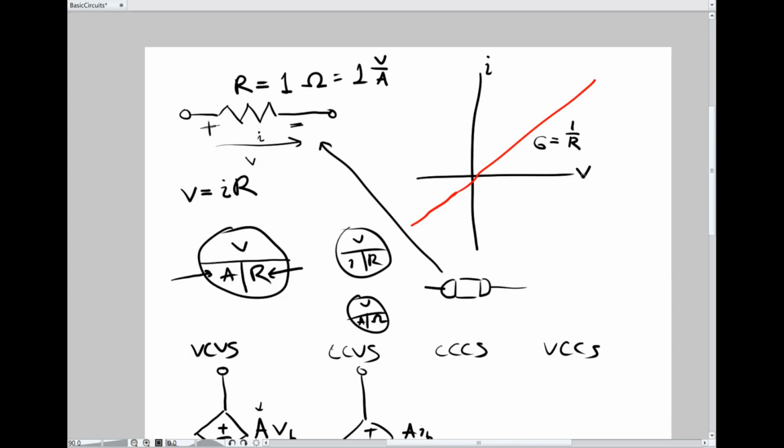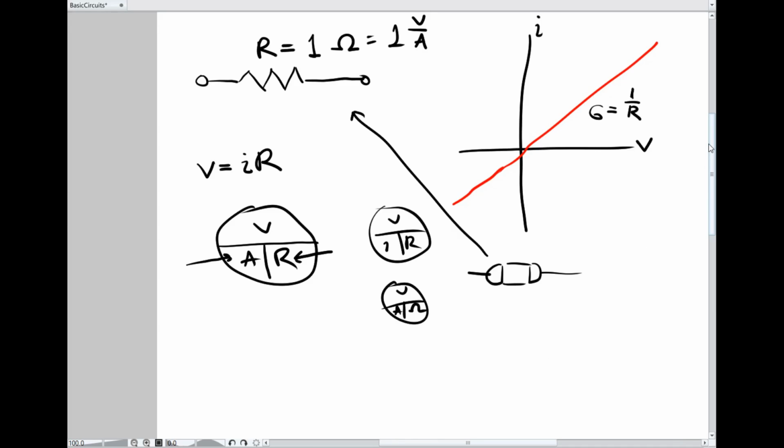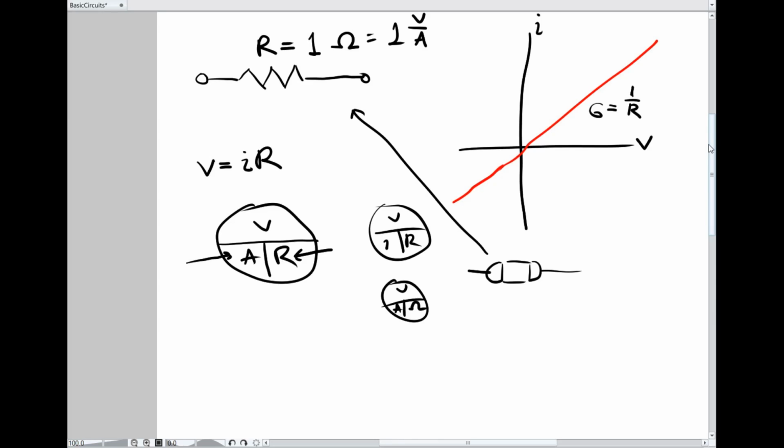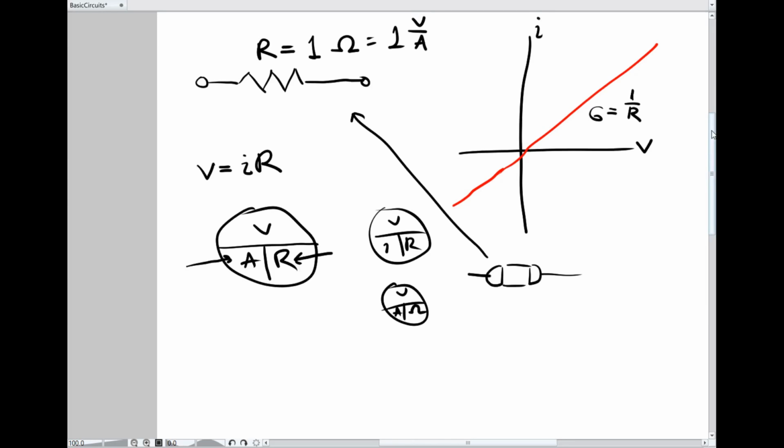So if I have a 1 ohm resistor, and this is 2 volts, I'm going to have 2 amps of current going this way from the plus to the minus. And this is related to the concept of passive convention, which I'm going to mention later. I've already mentioned this now. Okay. So we're not going to combine resistors in series and parallel yet until I talk about Kirchhoff's laws, but we'll get to that later.